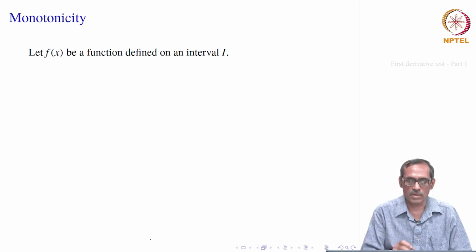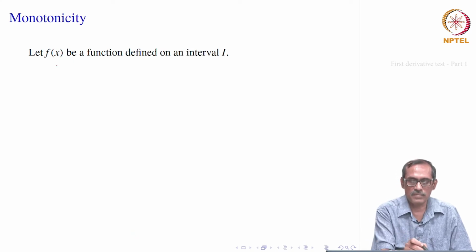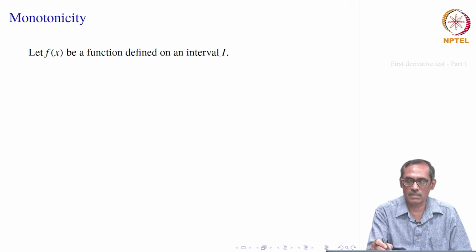That is called monotonicity. So, suppose f is a function defined on an interval I, its domain is I and codomain is R, of course.